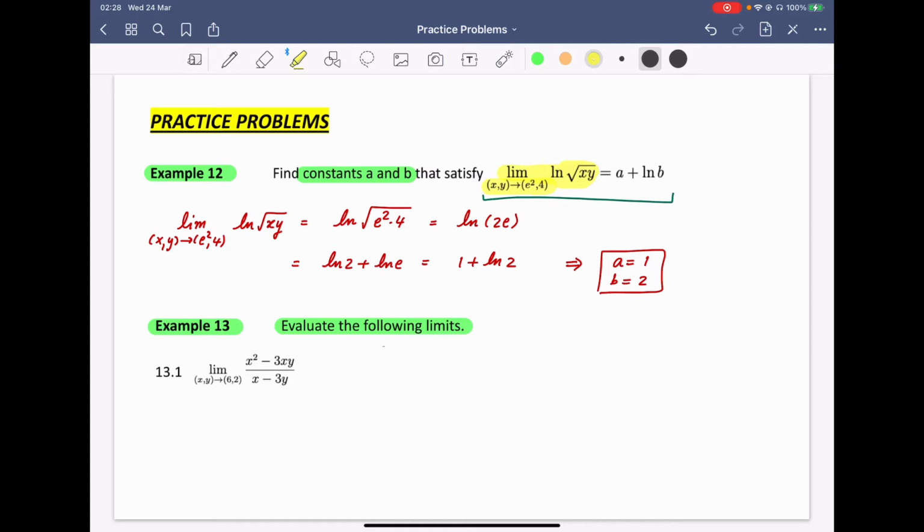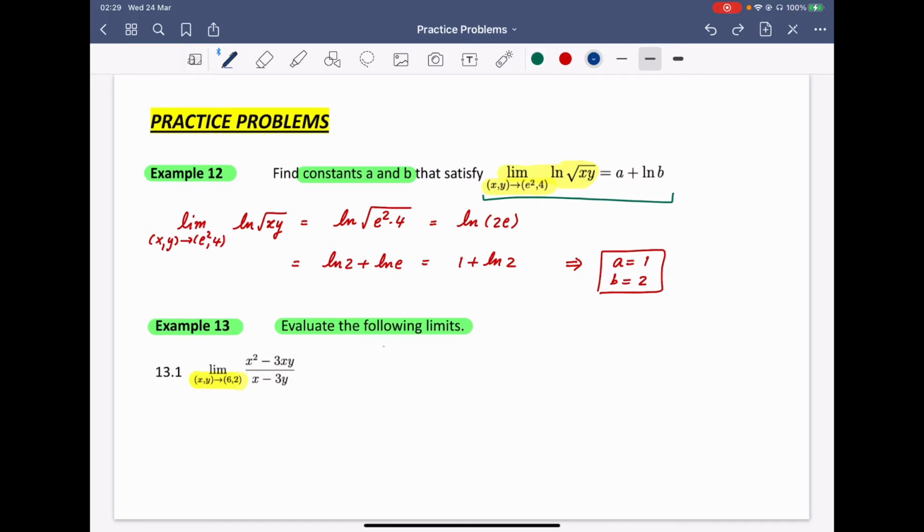So I'm trying to plug in numbers x, y go to 6, 2 here. If I plug in x equal to 6 and y equal to 2, I'll get 0 over 0, right? That means this is an indeterminate form. So you need to do something to compute this limit.